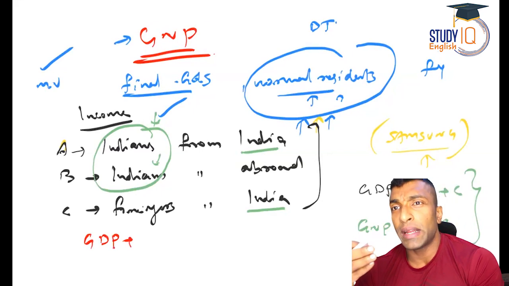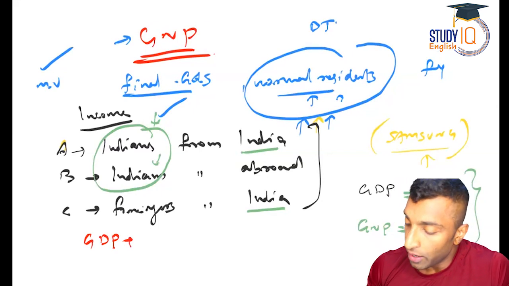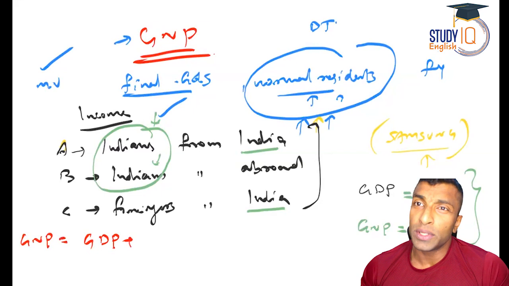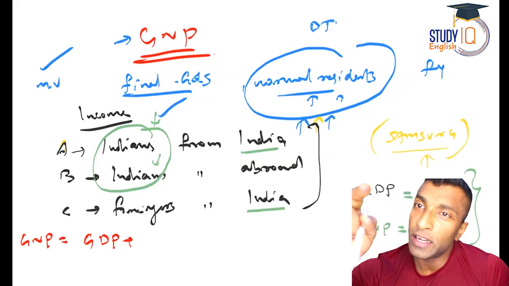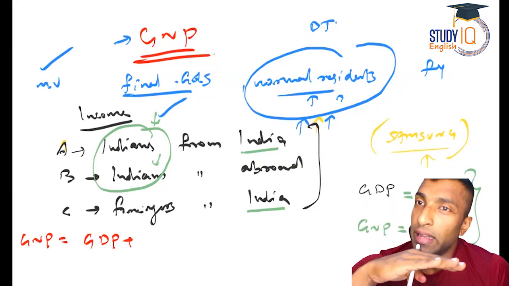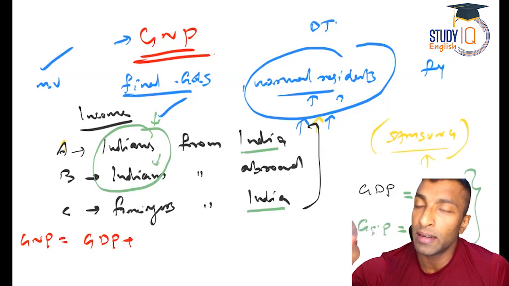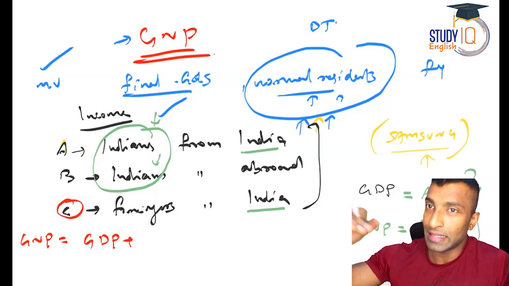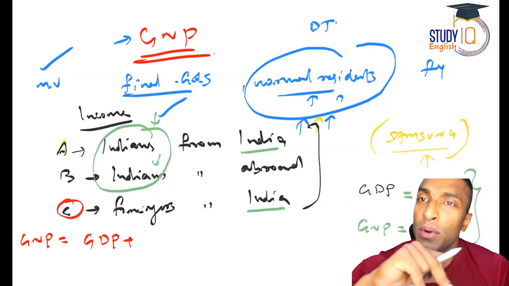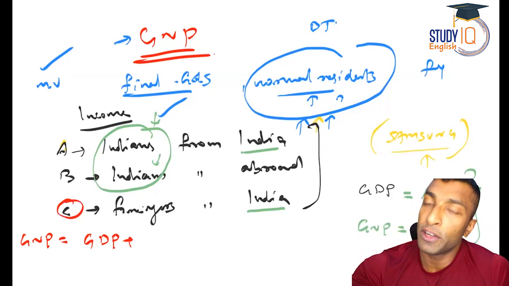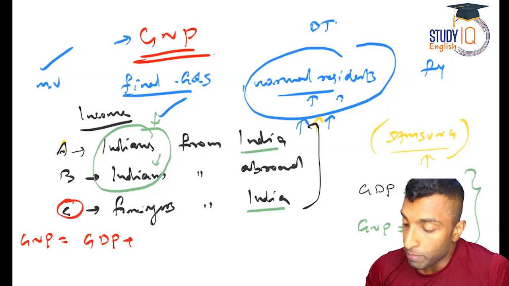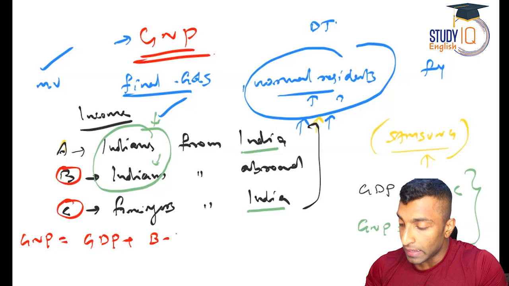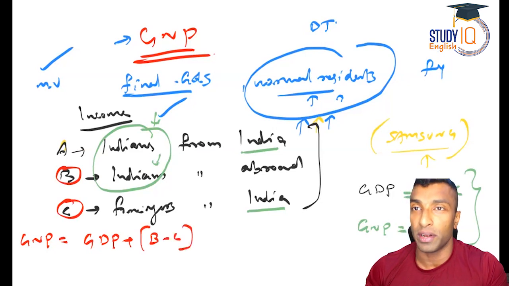From this, if you need to get GNP, what you need to do is whatever is produced by foreigners, ignore that, exclude that. What is that part? C. C you need to exclude, so minus C. Then what you need to do? Plus whatever is produced by Indians from abroad. B you need to add, right? So what you need to do here is B minus C. So this term has to be brought in here.